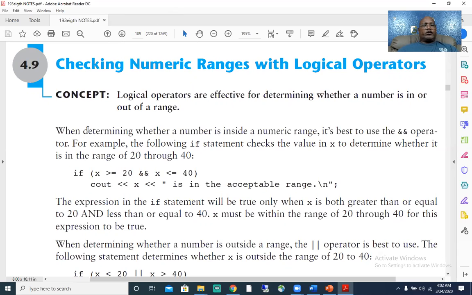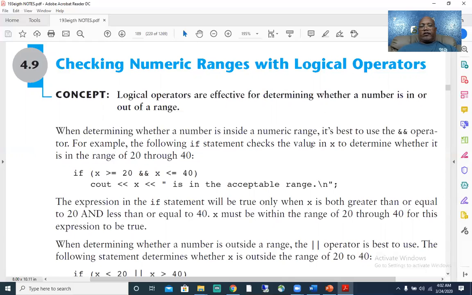So when determining whether a number is inside a numeric range, it is best to use the AND operator. So it's giving you a tip here, class. If you want to know if it's within a particular range, use the AND operator. For example, look at this example.